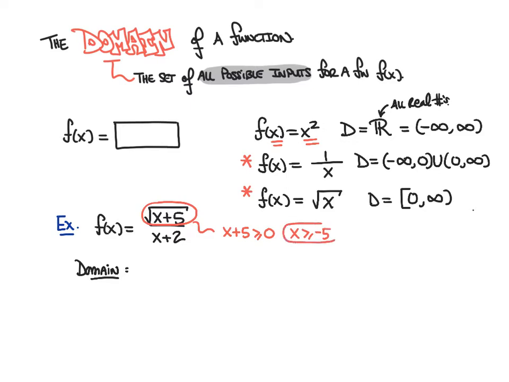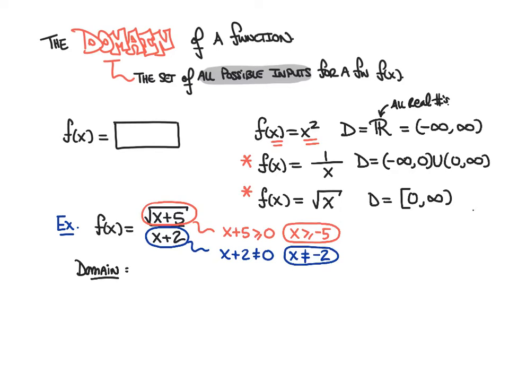That's the first condition that we need to have satisfied. The next condition, x plus 2. Well, I know that x can be anything except for -2, because I need x plus 2 not to be 0. So this would mean x cannot be -2.